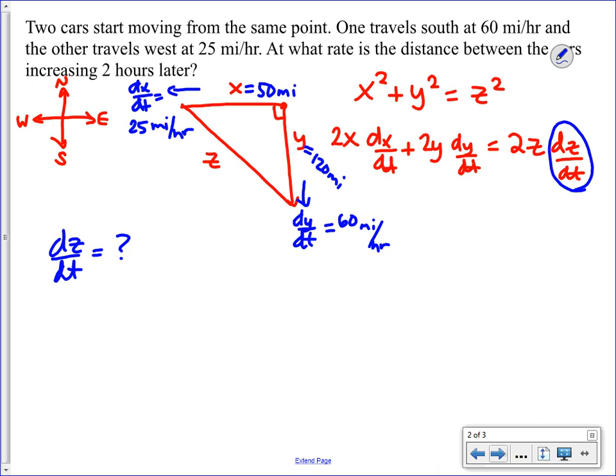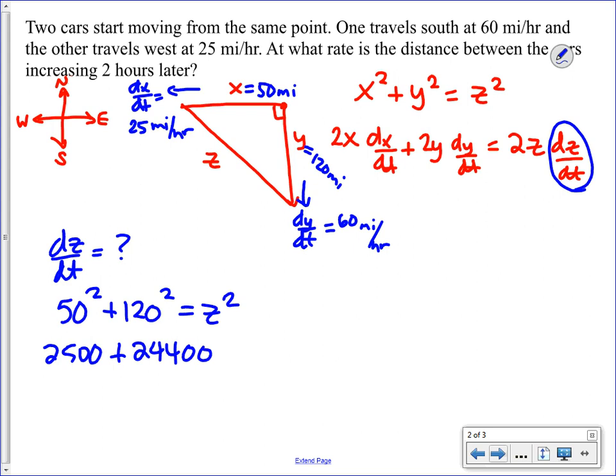Okay, then we can use Pythagorean theorem to find z. So we'll do 50 squared plus 120 squared equals z squared. All right, so 50 squared is going to be 2,500 plus 120 squared is going to be, I'm thinking of this as 12 squared is 144, and then I have to add 2 zeros, equals z squared.